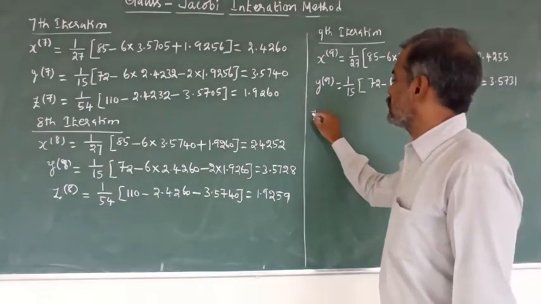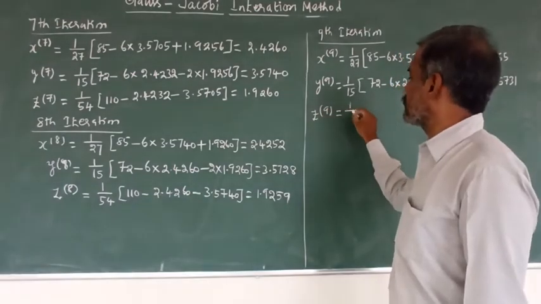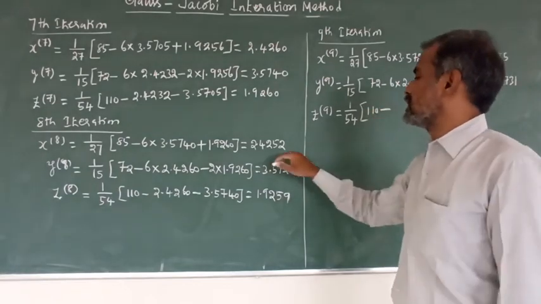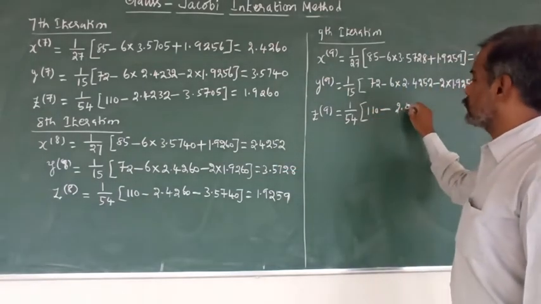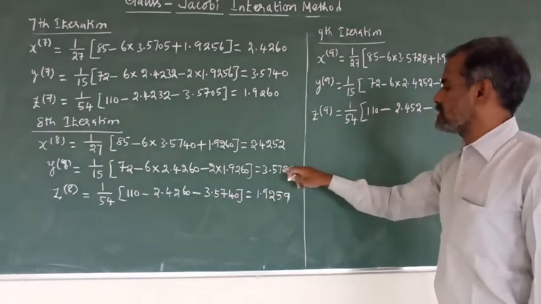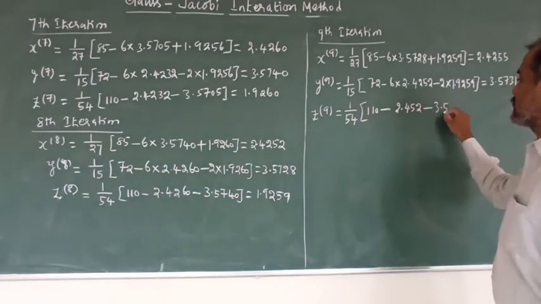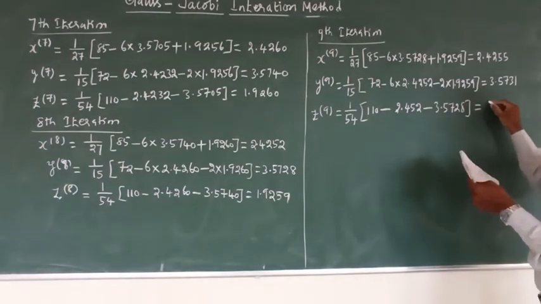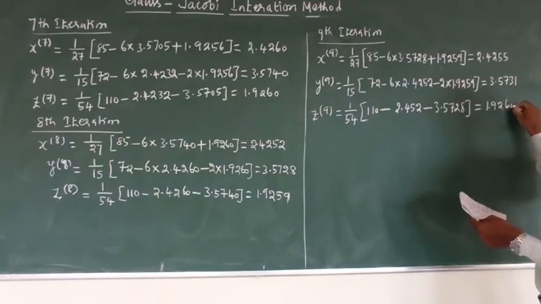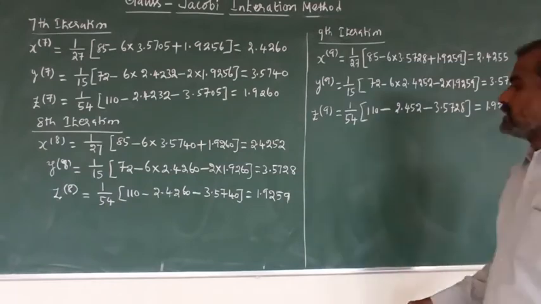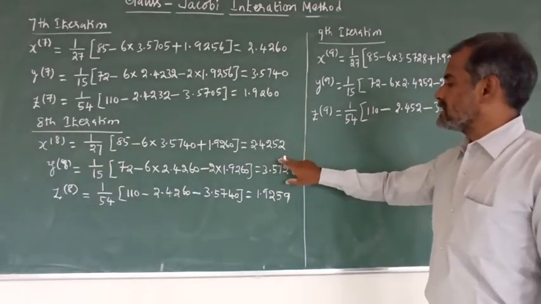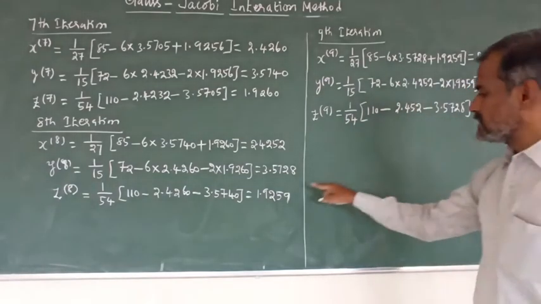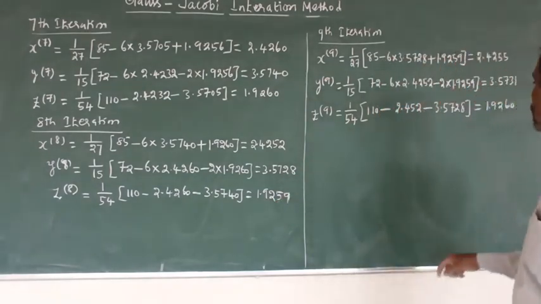Next, z9 equals 1 divided by 54 and 110 minus x value 2.4252 minus y value 3.5728, and simplify, we can get the result 1.9260.